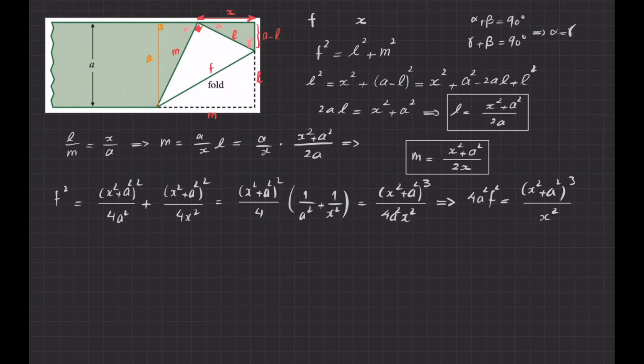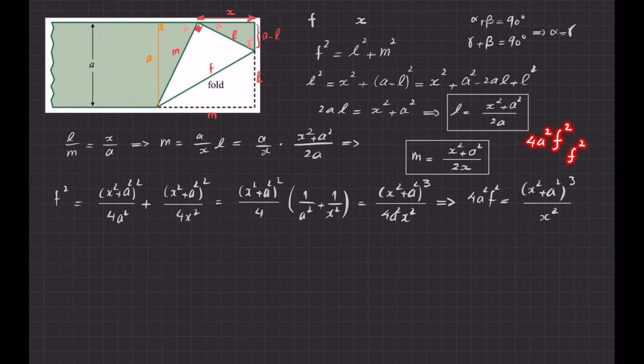Okay, so be careful. What I am saying, my goal is to minimize f, but for minimizing f, I need a minimizer for the function f. But because the minimizer of f and f squared are the same, it doesn't matter if I find the minimizer of f squared instead. On the other hand, a squared is a constant, so the minimizer of this quantity and the minimizer of this quantity are the same.